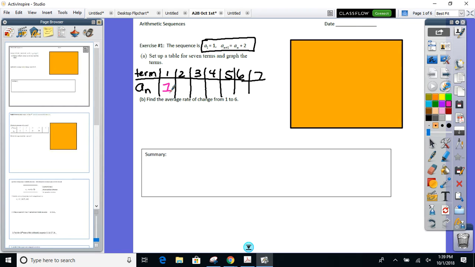What's term 3 based on what you just told me the formula was? Term 2 is 3, term 3 is 5, 7, 9. Okay, there's your sequence: 1, 3, 5, 7, 9, 11, 13.